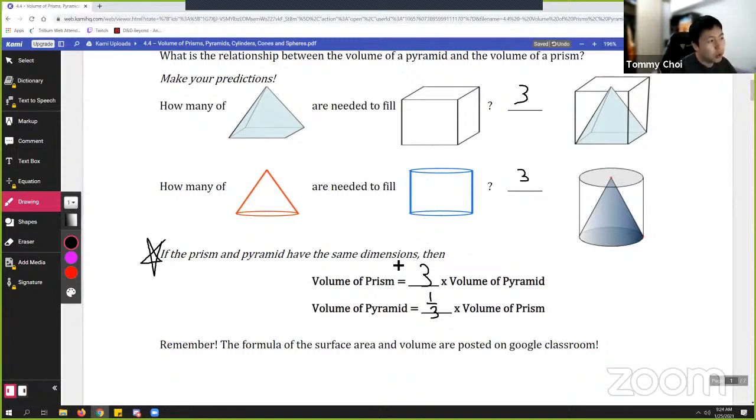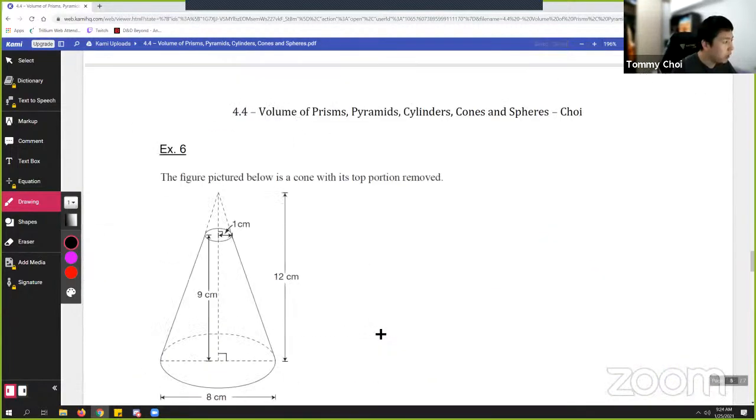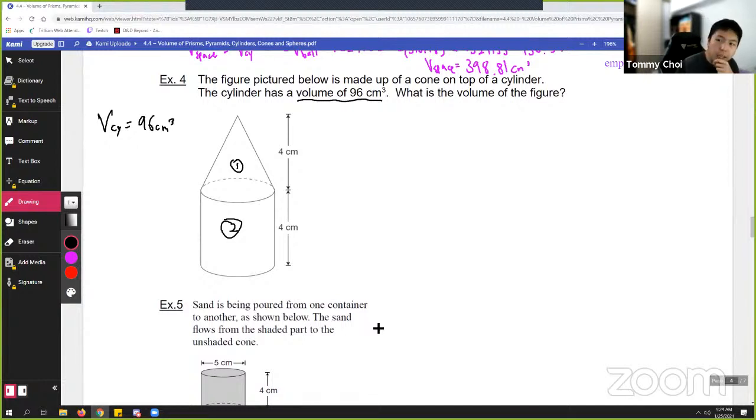We have a cone and a cylinder. And the cone, in our case, has the exact same measurements as the cylinder. The radius is shared, and the height is shared. It's 4. Which means we can say the volume of the cone is 1/3 the volume of the cylinder.